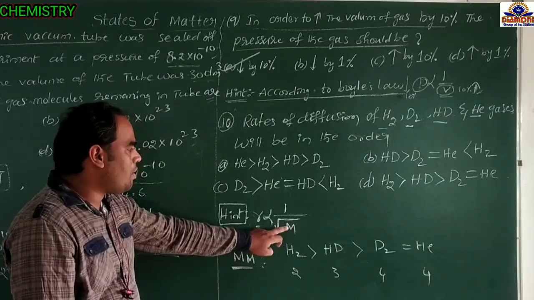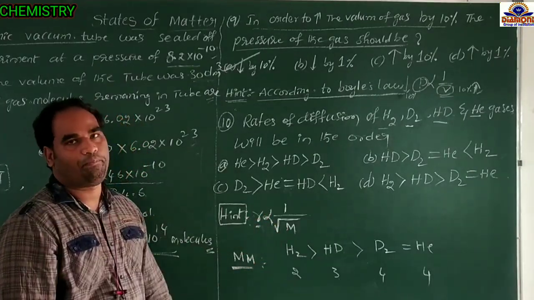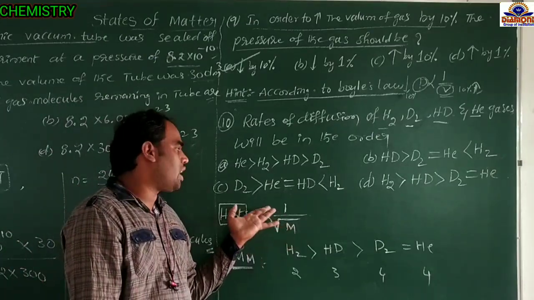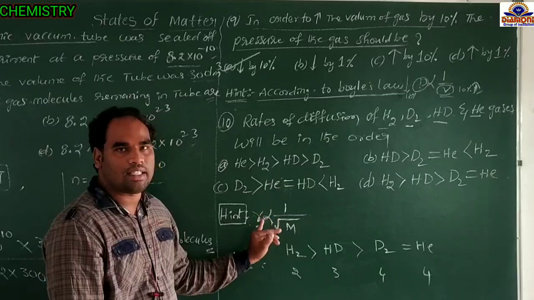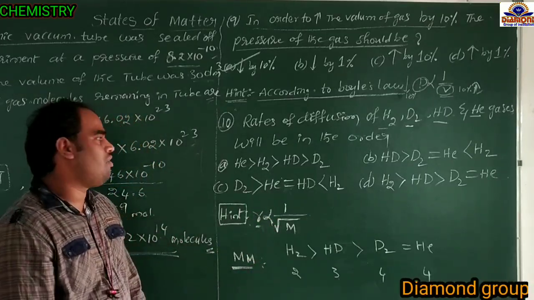That means if the molecular mass value is low, the rate of diffusion is faster. And if the molecular mass is more, the rate of diffusion is less. That is the concept obtained from Graham's law of diffusion.